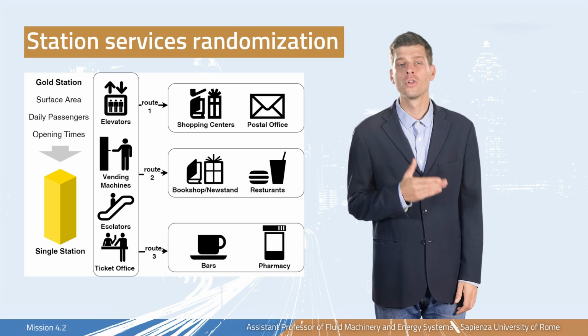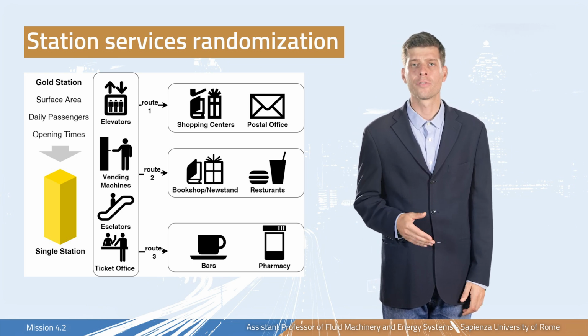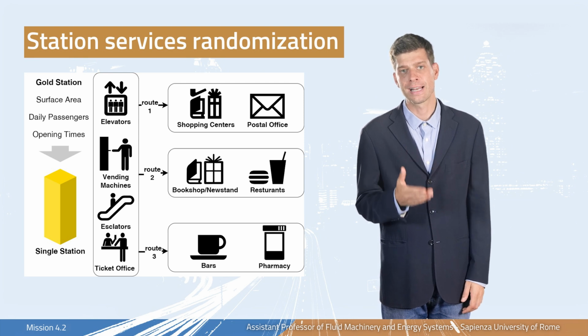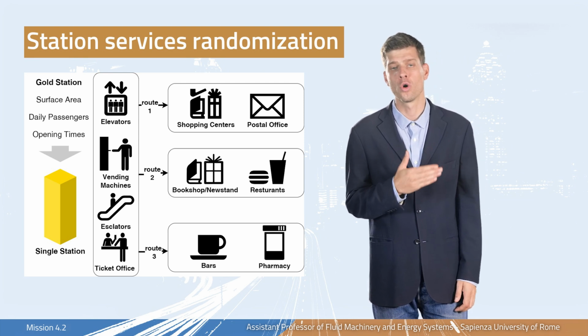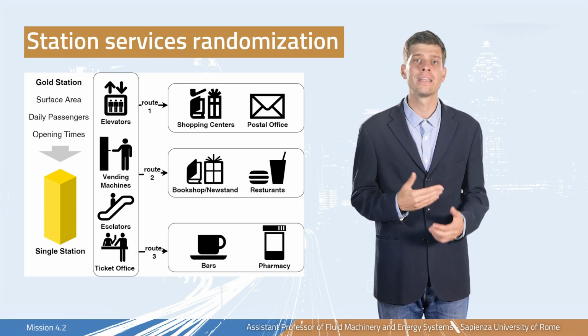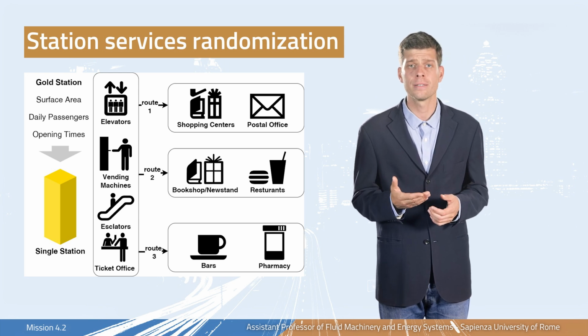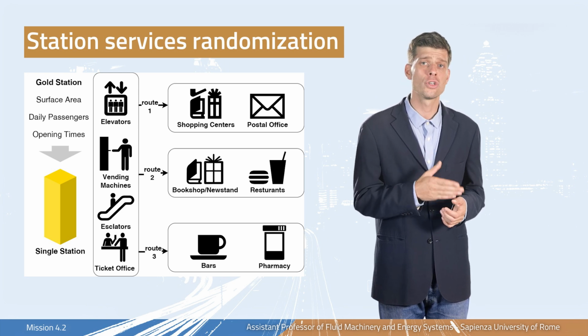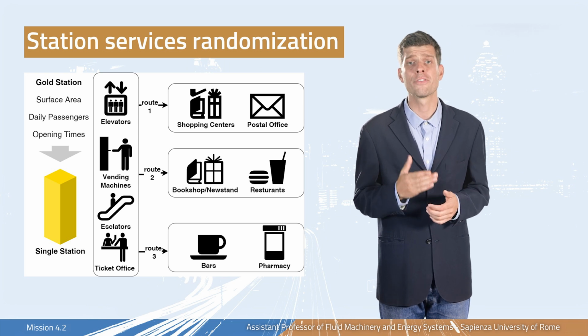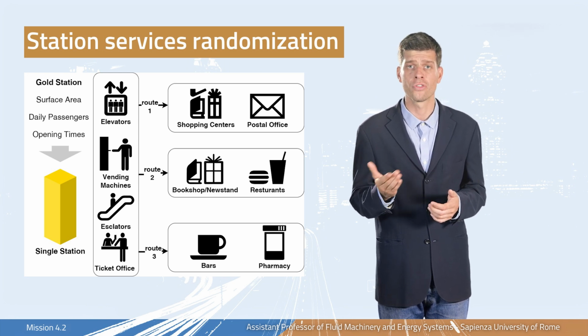For instance, for the gold station on Route 1, apart from elevators, vending machines, escalators and ticket offices, which are always present, it was assumed that there would also be a shopping center and a postal office, while for the station on Route 3, services such as bars and pharmacies were considered.